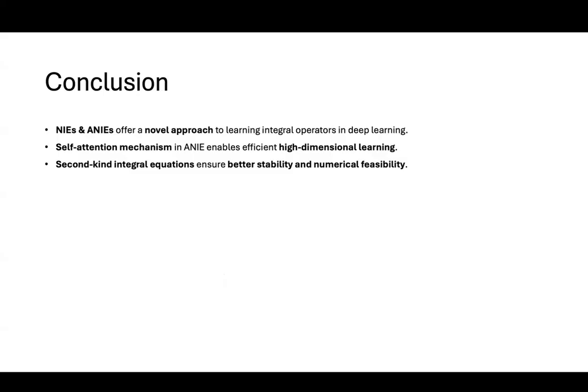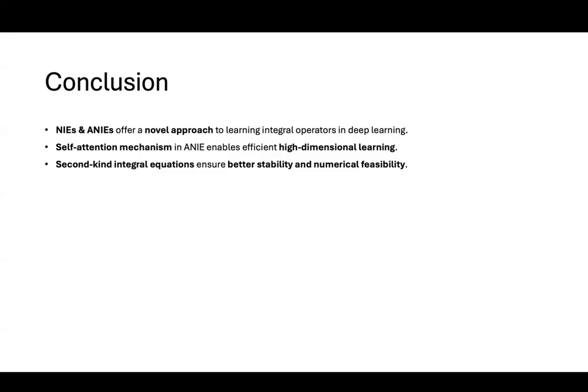So in conclusion, those two methods that the paper provides are, from the paper's perspective, novel approaches to learning integral operators in deep learning. The self-attention that ANIE brings in enables efficient high-dimensional learning.